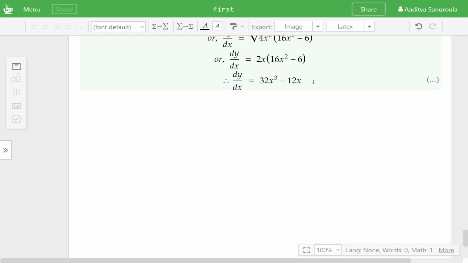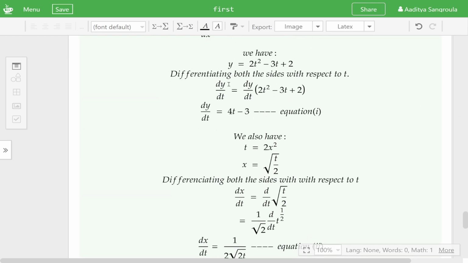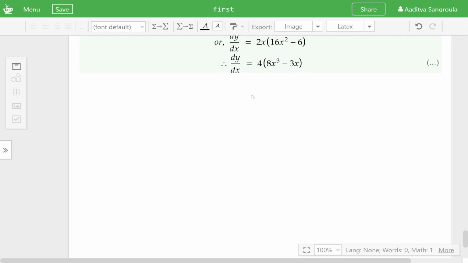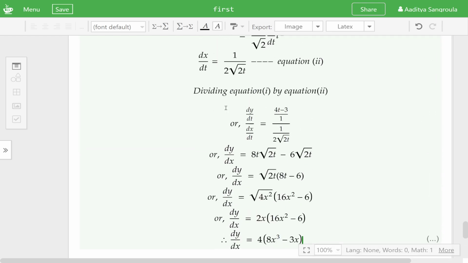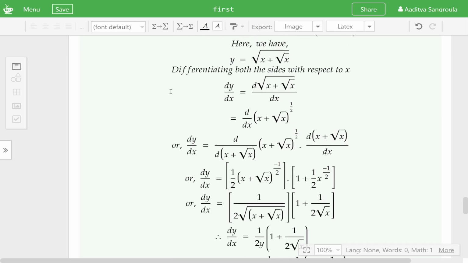And okay, I can take a common factor of 4. So 4 times 8 is 32, 4 times 3 is 12. I've taken these as a common factor, and now this is my final answer, although I could have left it in the same form.